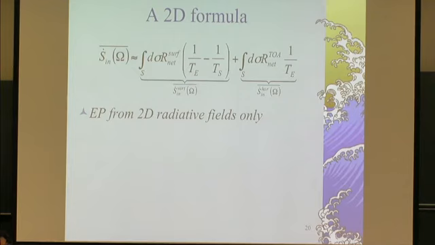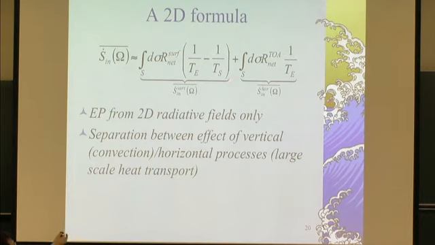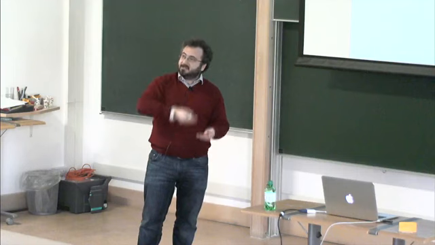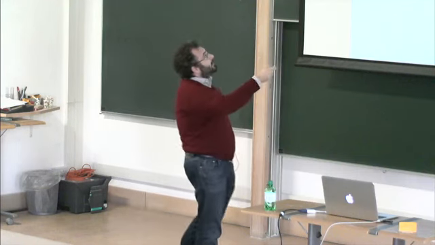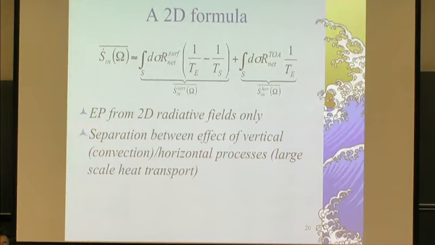There are approximations, but one nice thing we get is that you can separate the effects of vertical processes. You see here the difference between the emission temperature of the planet and the surface temperature. So at each location, we are looking at the vertical fluxes and how this impacts entropy production. And there is another part that one can prove is related to large-scale horizontal flows. So this is related to north-south gradients, and this is related to surface and upper atmosphere gradients.